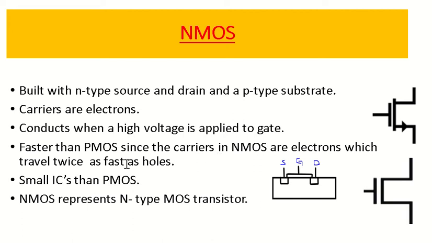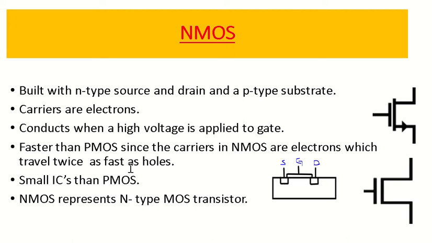Now coming to the advantage, one of the very important points to remember is that NMOS is faster than PMOS, since the carriers in NMOS are electrons, which travel fast, about twice as fast as holes. A fundamental thing everybody knows is that the speed of electrons is more than the speed of holes.